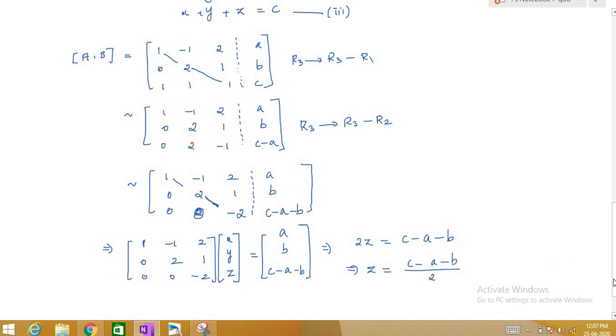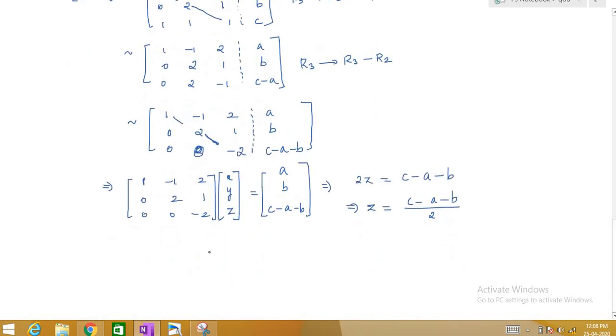This is our z. When we solve the second equation, we have 2y plus z equal to b. You multiply the first row with this column and equate it to a, the second row and equate it to b, and the third row and equate it to c minus a minus b. So we have 2y equal to b minus z. Our z is already known, c minus a minus b by 2.